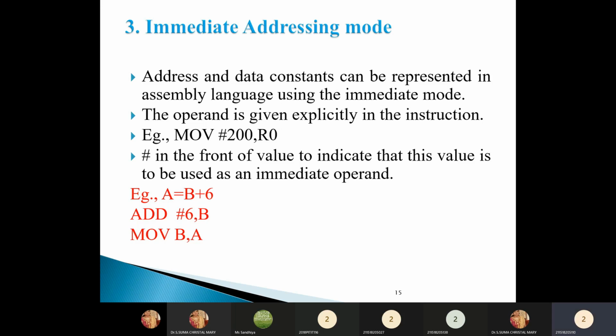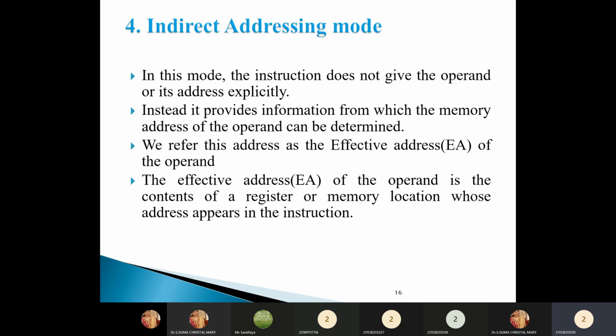Now, indirect addressing mode. In this mode, the instruction specifies the indirect address where the effective address of the operand is placed. The memory address is specified where the actual address of the operand is placed. In this mode, the instruction does not give the operand or its address explicitly.